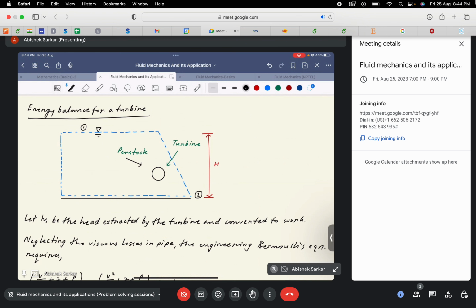in the case of turbine, because in the case of turbine it will be work done by the system. In the case of pump, it will be work done on the system.